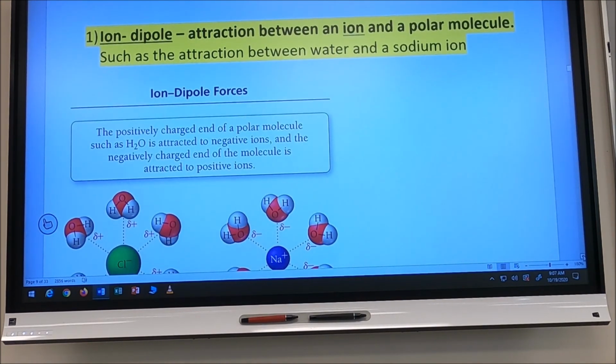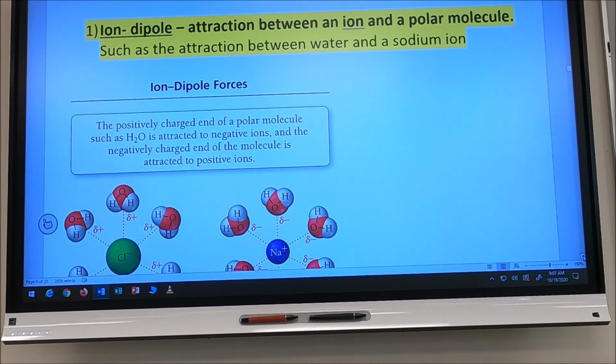Okay, we are now ready to start looking at the intermolecular forces that we only see in mixtures. London force, dipole-dipole, hydrogen bonding, we can see between pure substances, between like molecules, and we can see in mixtures between unlike molecules.